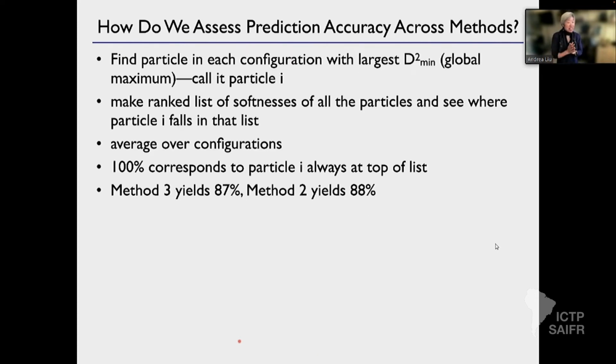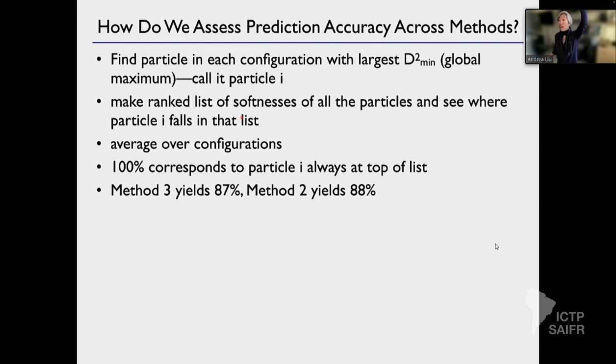So the test is, can you find the rearrangement? If you find the particle in each configuration that has the very largest value of d squared min, so the global maximum, let's call that particle i. And now I'm going to make a rank list of all the softnesses of all the particles and see where particle i falls on that list.